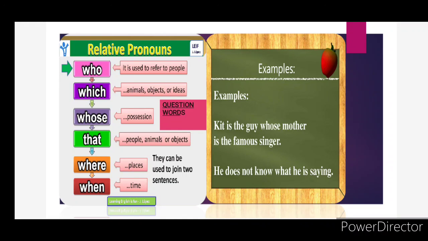They can be used to join two sentences. That is why they are called relative pronouns. But all these are examples of determiners. So relative pronouns are determiners only.